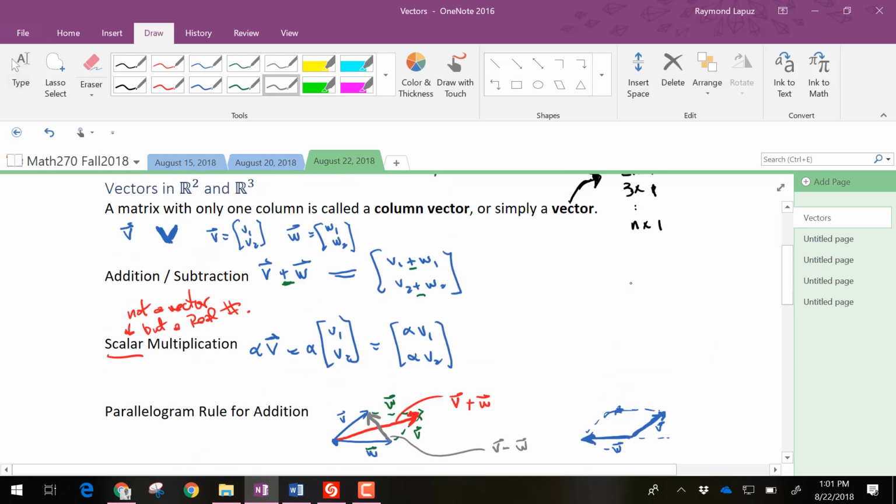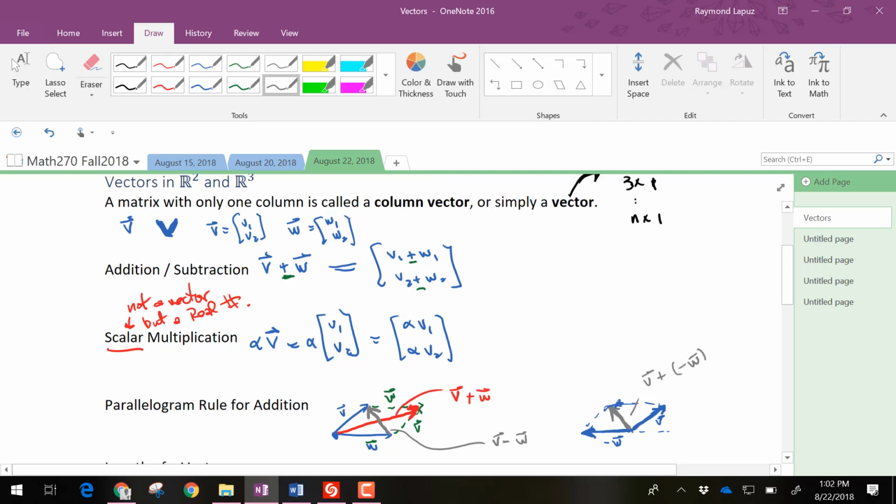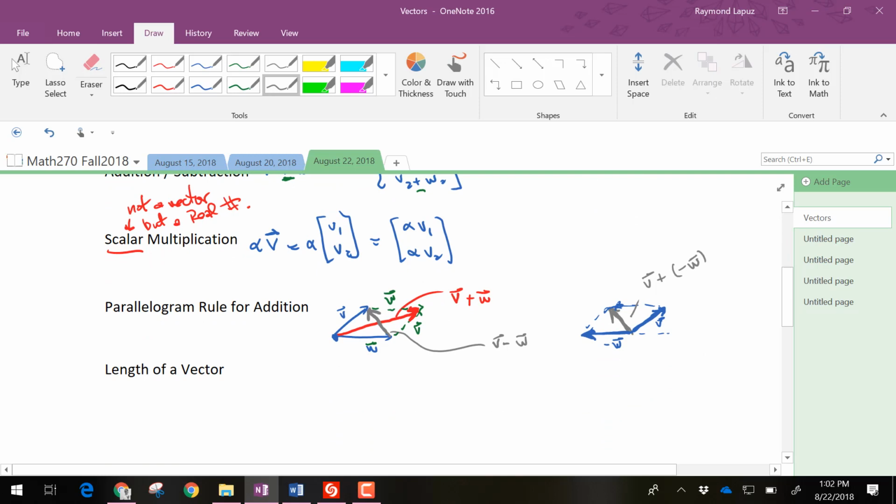So we would add V plus negative W, which is the same thing as what we were looking at, right? It's the same vector.